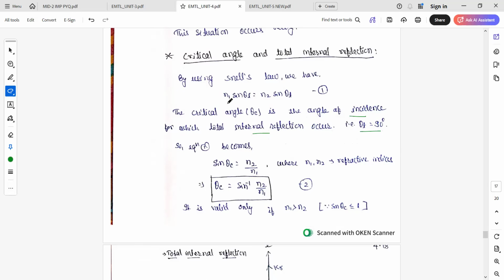By using Snell's law, we know that n1 sine theta i equals n2 sine theta t. If you rearrange that, theta i will become theta c, so we have sine theta c equals n2 by n1, since theta t becomes 90 degrees, and sine 90 is 1. So finally, critical angle equals sine inverse of n2 by n1, where n2 and n1 are the refractive indices of the respective media.